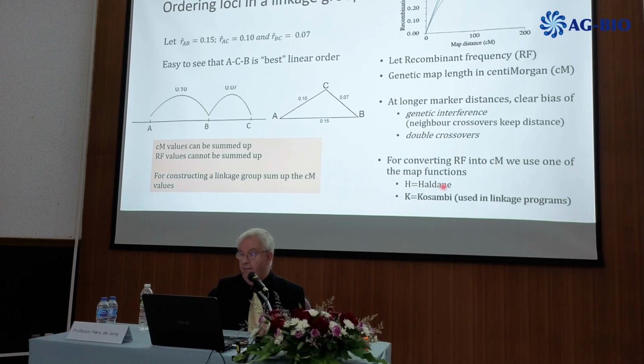We use one of the map functions, Haldane and Kosambi, and to my knowledge, all the mapping programs that I'm going to talk about briefly later always use the Kosambi function. So the Kosambi function is what you see in this curve, that with recombination frequency close to 50%, the map distance can be even 200.